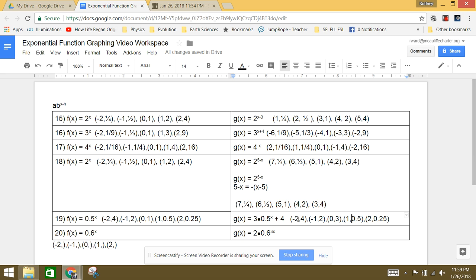So 0.5 times 3 is going to be 1.5, or 3/2. Okay. And then I'm going to be doing 3 times this one. 3 times 1/4 is going to be 3/4, or 0.75.